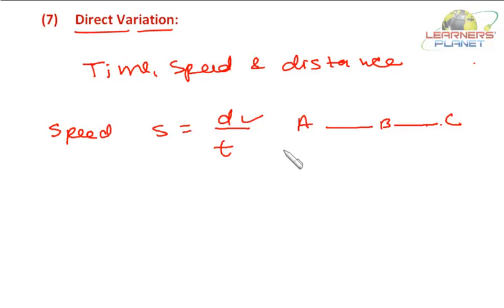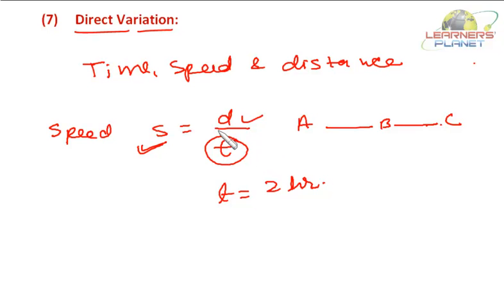Suppose you have 1 hour or maybe 2 hours. In 2 hours, initially you have to cover the distance from A to B. Now in the same 2 hours you have to cover the distance from A to C. Now what would happen? You need to increase the speed, if there is a constraint of time.